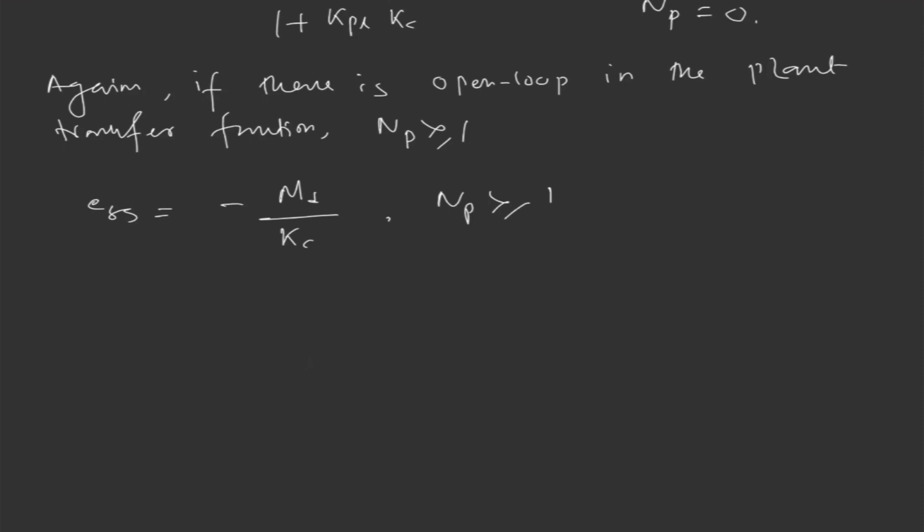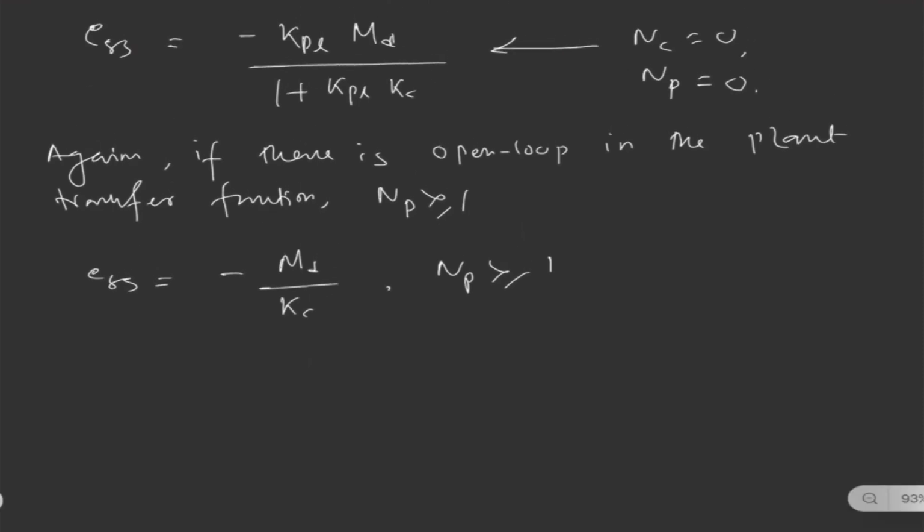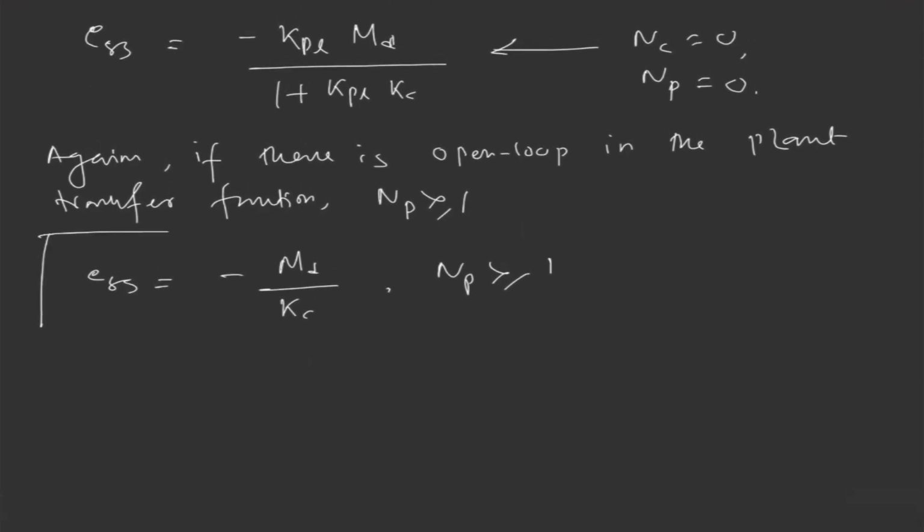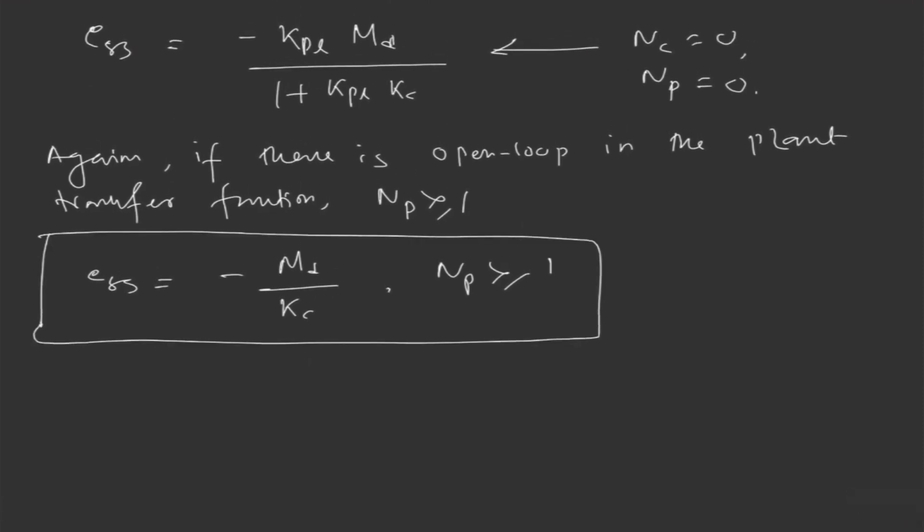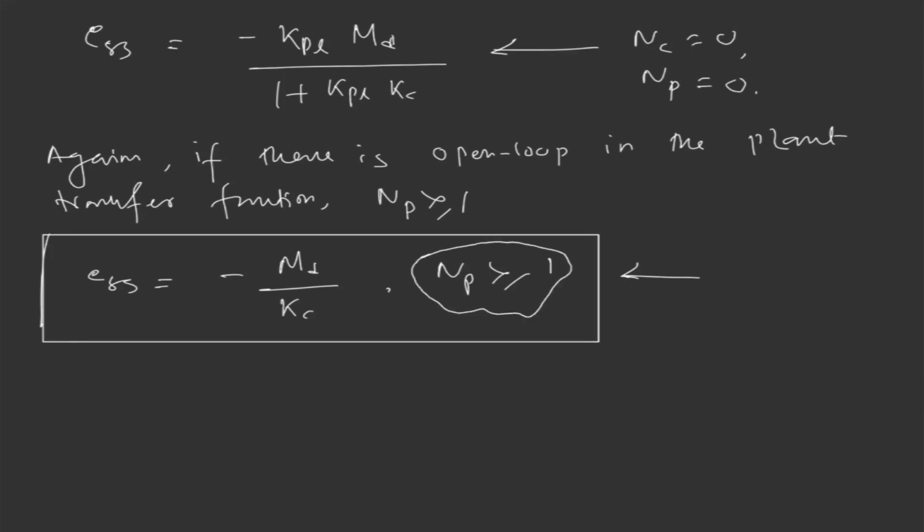So I can write here. This is the case, if you notice very carefully in this equation. Here we have assumed there is no controller, no open loop poles in the controller block. But due to the presence of the open loop pole in the plant transfer function, still we can manage the steady state error.